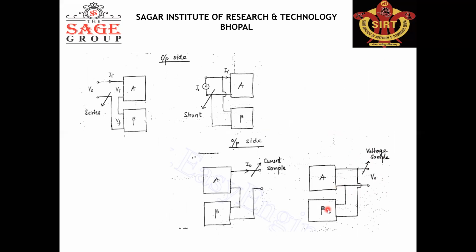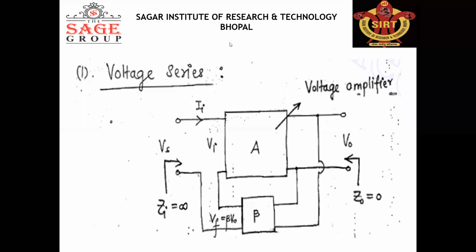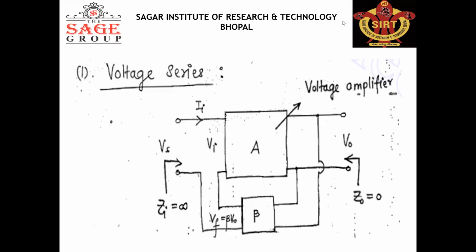Amplifier and feedback network should be connected in parallel form. So here we can see that amplifier and feedback network are connected in parallel form, right?